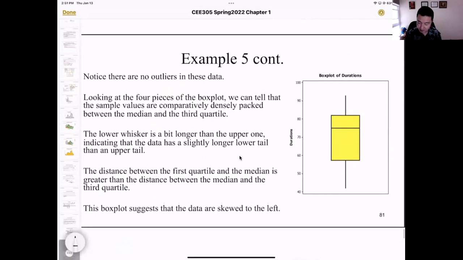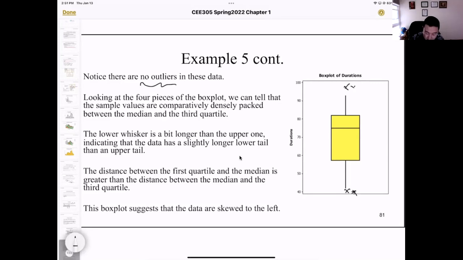Okay, let's look at another example. This is old physical data. We put all the physical data, the dominant period, into this box plot. What we can see is, one, there are no outliers. Any outliers would occur here and here, but there are none.